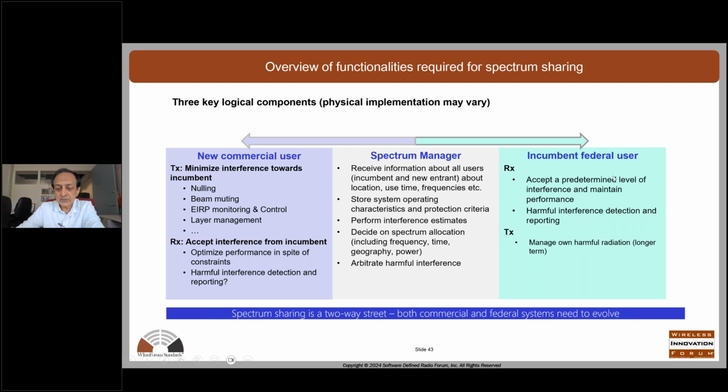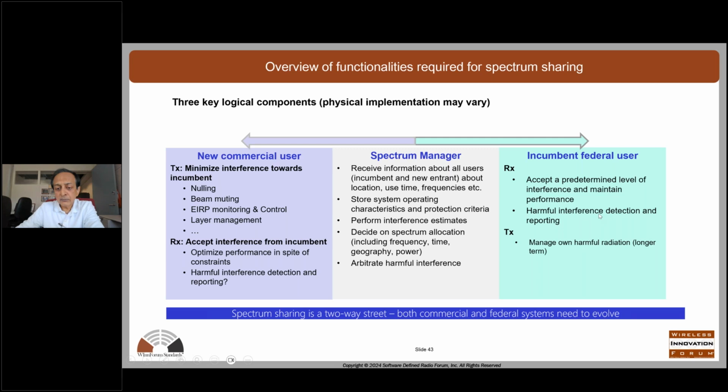Last but not least, even the federal incumbent user should have a role to play, at least going forward, even if not in the short term, in the longer term, because at the end of the day, sharing has to be a two-way street. It cannot be that the new commercial user and the spectrum manager have to do everything and the incumbent federal user does not do anything. That's not sharing. So it has to accept some predetermined level of interference and still maintain performance.